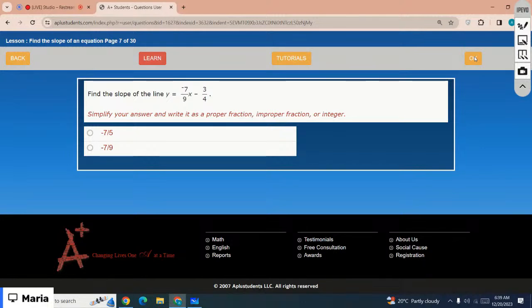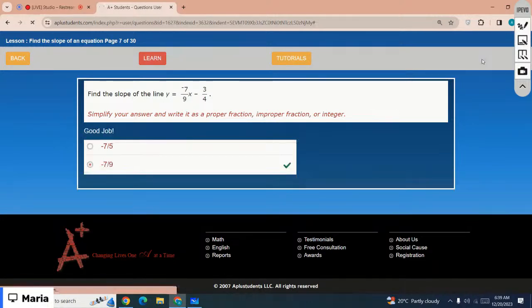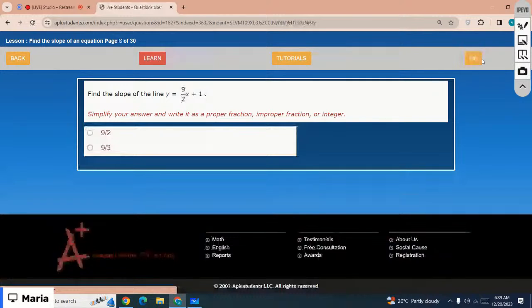Yes, the correct option is negative 7 over 9. Option number 2 is the correct option, right? Okay, the next one is find the slope of the line y equals 9 over 2x plus 1. So which is the correct option?